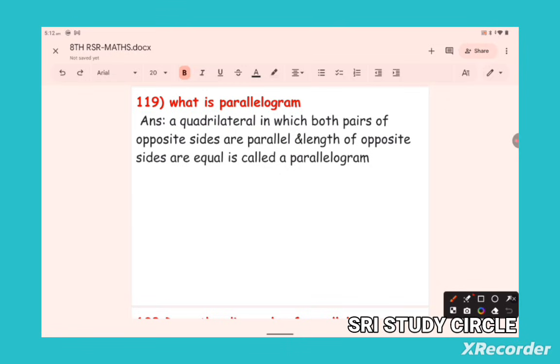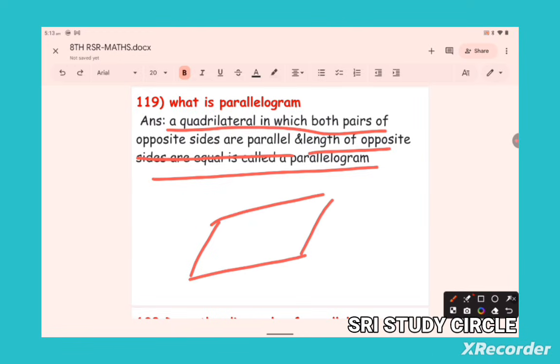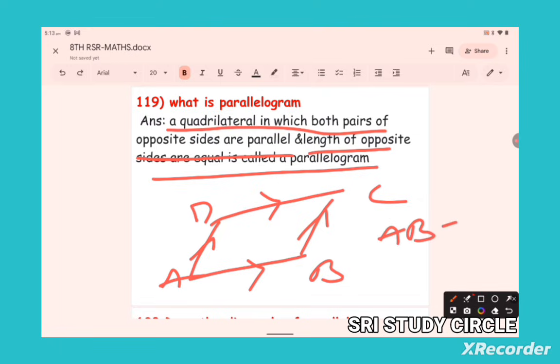A quadrilateral which has opposite sides parallel and opposite sides equal is known as a parallelogram. Suppose this is a parallelogram ABCD. Here AB is parallel to DC, BC is parallel to AD, and AB is equal to DC, AD is equal to BC.